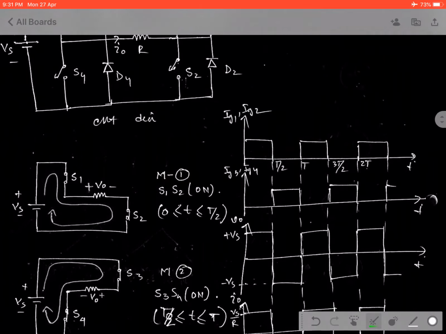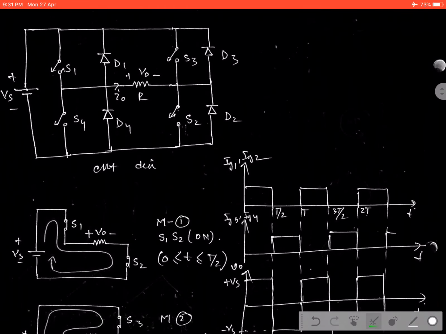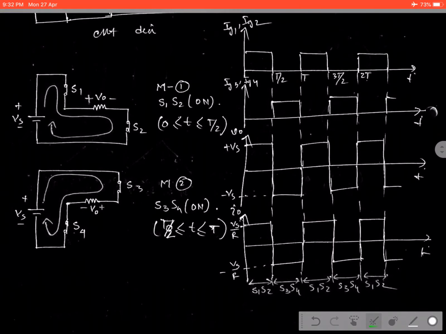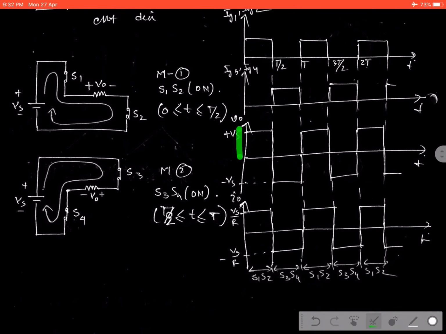But keep it in your mind, never give the triggering pulse to switches S1, S4 or S3, S2 at any instant, as it will provide a short circuit path. Then the thyristor switches can be permanently damaged. To avoid this damage, we give the triggering pulses in this way.